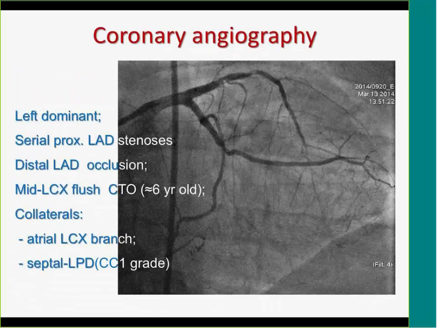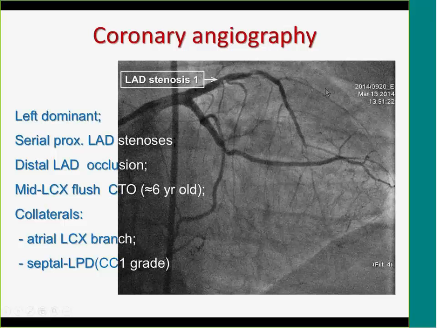After introduction of the clinical scenario, I would like to demonstrate the angiographic situation with this still image. So he has a left dominant coronary tree with some stenosis in the LAD.